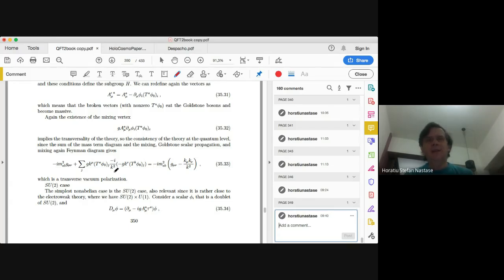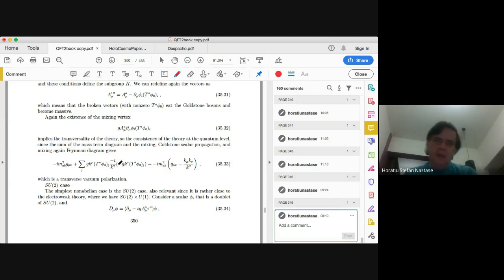Well, I guess there should probably have been a delta_ij in here. Anyway, it doesn't matter. The propagator is massless and it contracts these indices. And then times the other mixing vertex, minus g k_nu T^B phi_0^j.